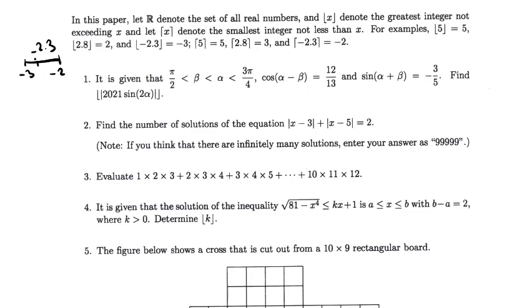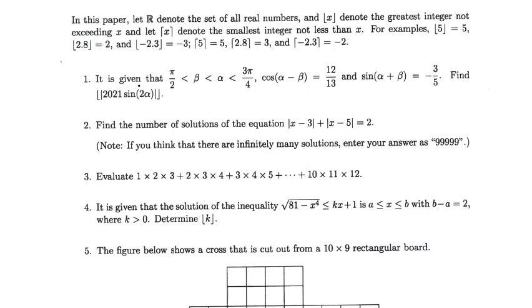And if you have an integer, for example, floor of negative 3 is negative 3, and ceiling of negative 3 is also negative 3. And ceiling of negative 2.3 is, as I said, negative 2.